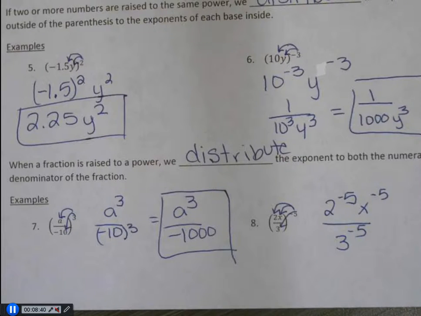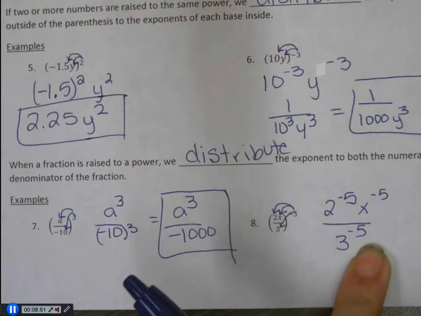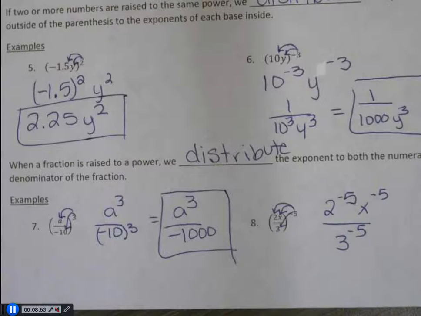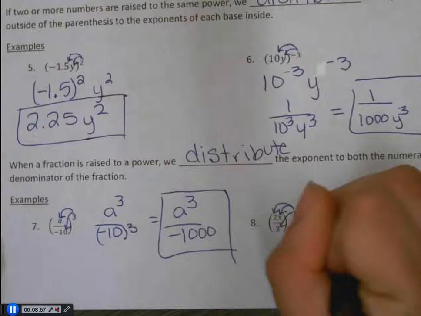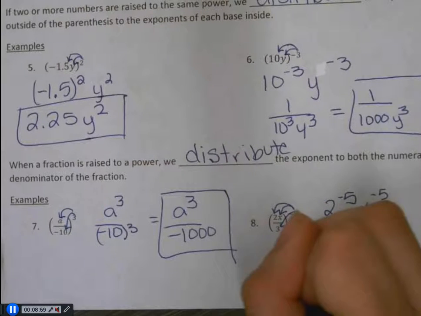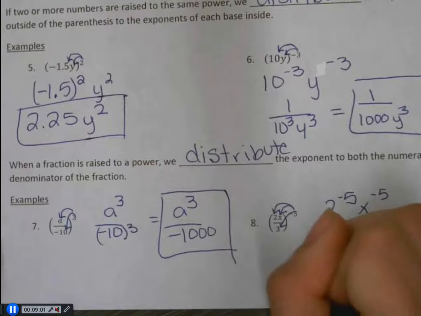Nobody knows what I need to do with the negative exponents? How do I make the negative exponents positive? Well, it's already a fraction, so then I flip them. So then it's going to be 3 to the 5th over 2 to the 5th and x to the 5th.